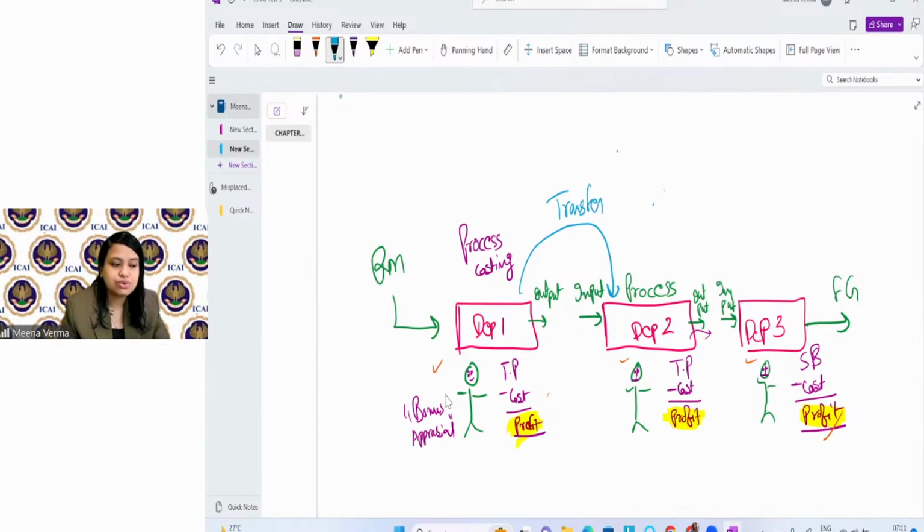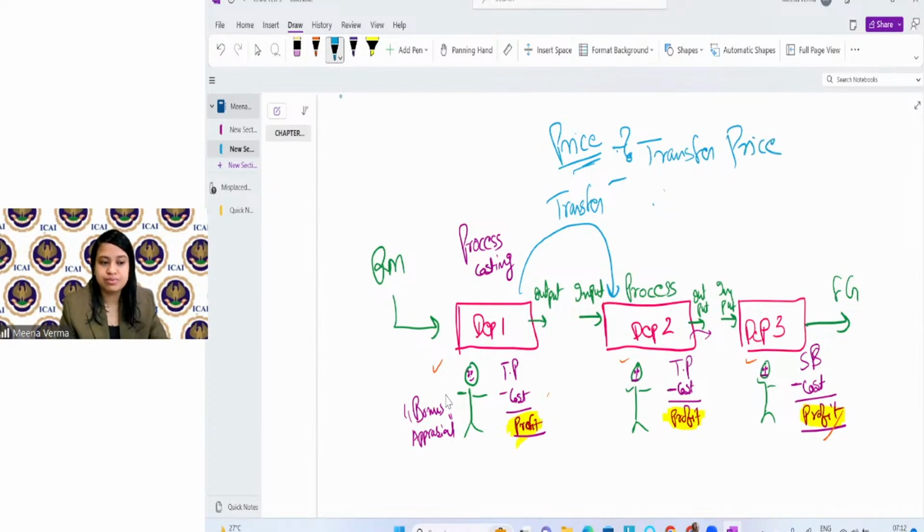Now the question comes here, at what price will they transfer the goods? What will be the price at which they are transferring the goods from one department to another department? This is the question. The price at which they are transferring the goods from one department to another department will be the transfer price.